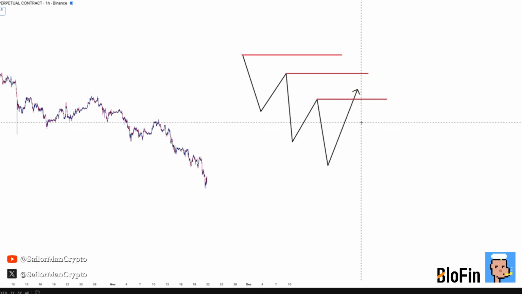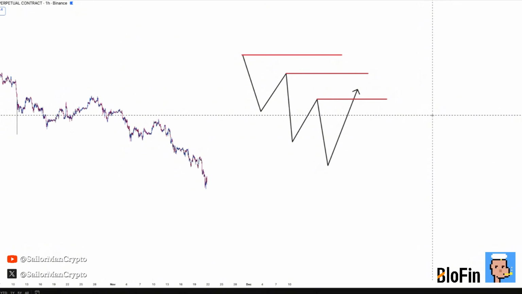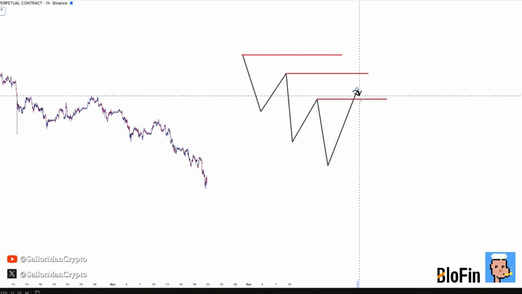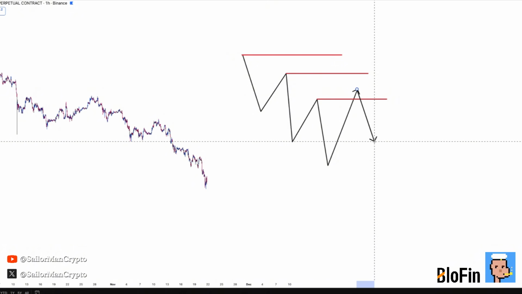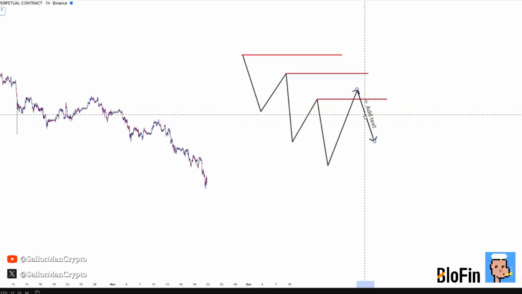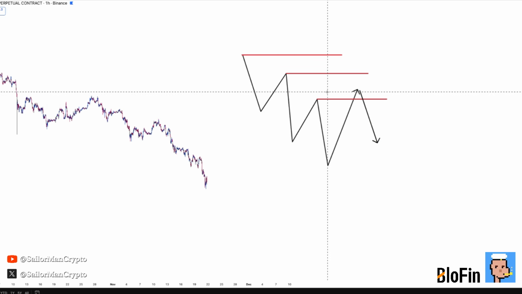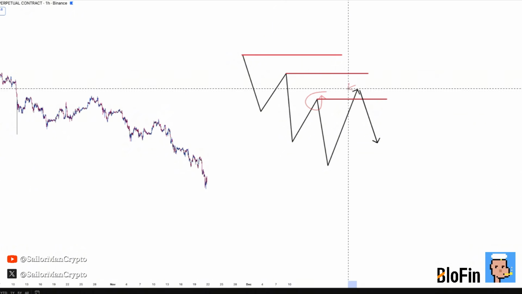Now that this is broken, we need another component to confirm that this will be an uptrend. And what is it? We need another two components, actually. The first one is the next low, and the next low should be a higher low, because now we broke this structure here, thanks to this high.